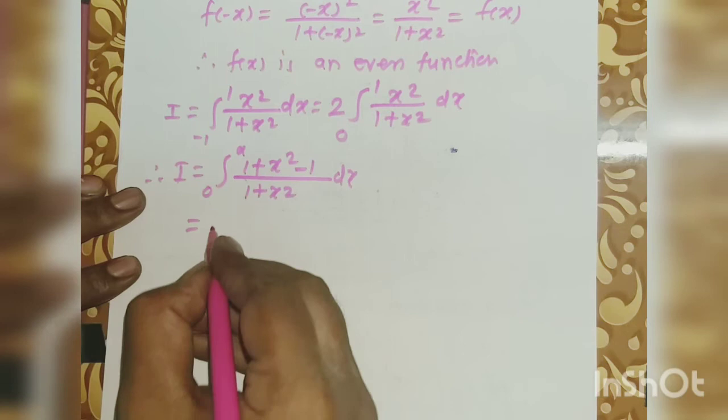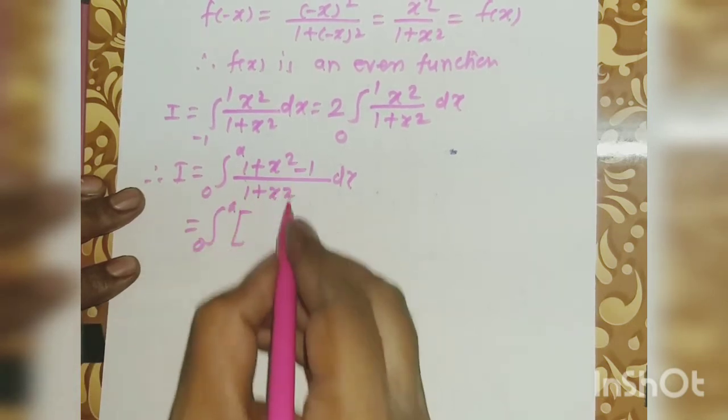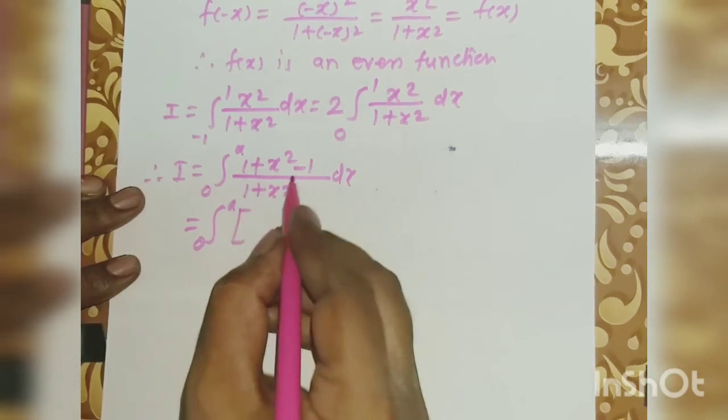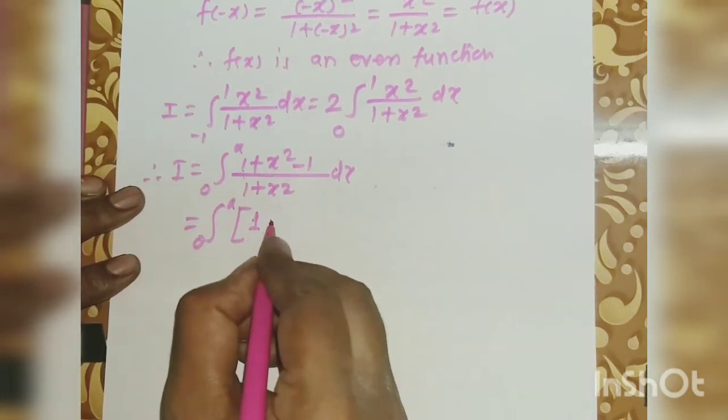Then separate the denominator: 1 plus x square divided by 1 plus x square is 1.